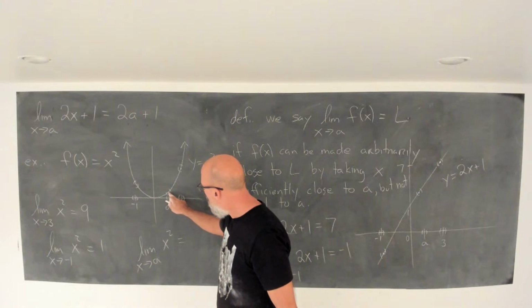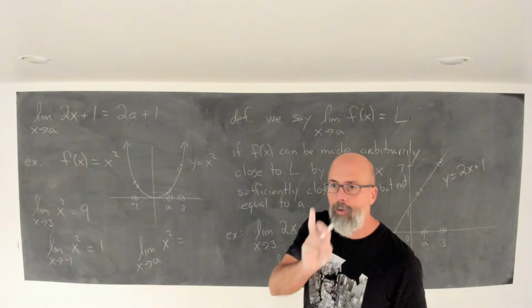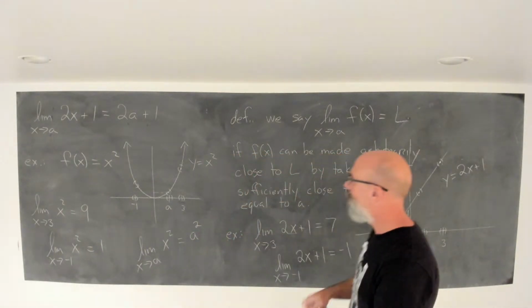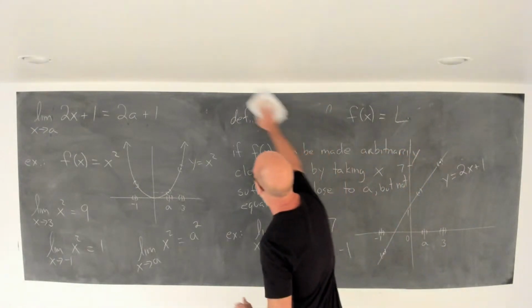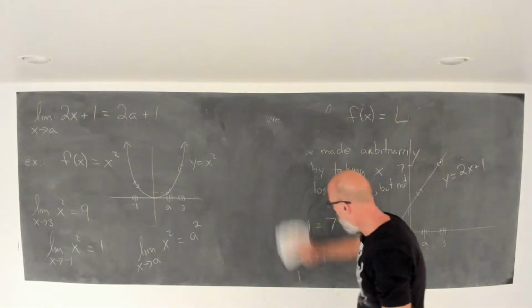Values near a get mapped to values close to a squared. And so on, right? This is a nice generalization of these two examples here.